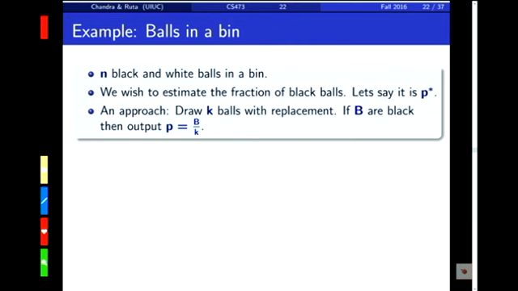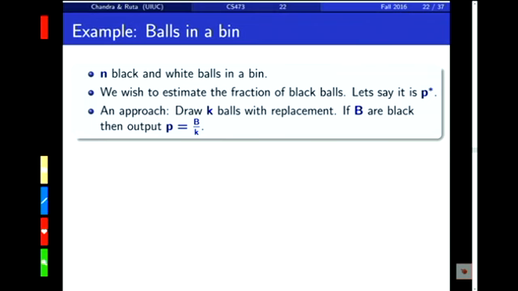Now you sample. What is the probability that you will get a black one? Half. With half probability you will pick a black one. With half probability you may pick a white one.